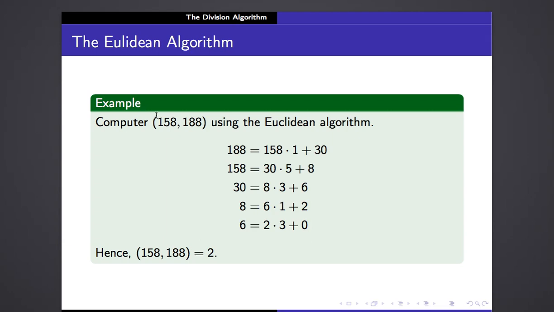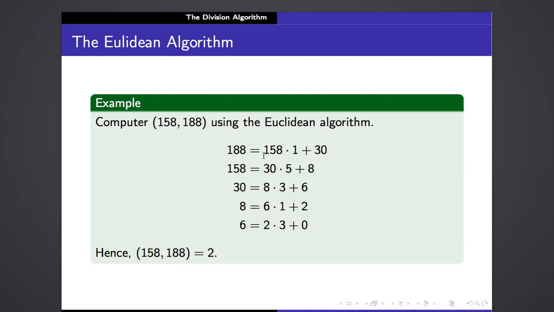Okay, so let's take a look at the following example. It says computer. No, okay, so that is another typo I have to fix. Compute. Sorry about this. Compute the GCD of 558 and 188 using the Euclidean algorithm. That's the one we talked about, so we're going to apply that.